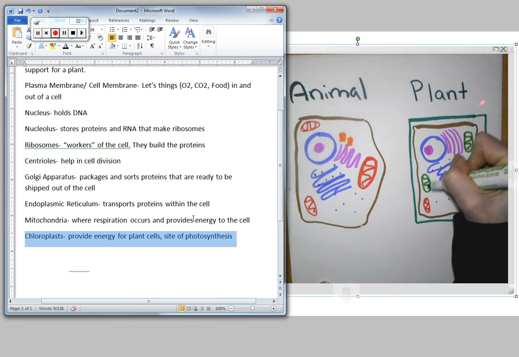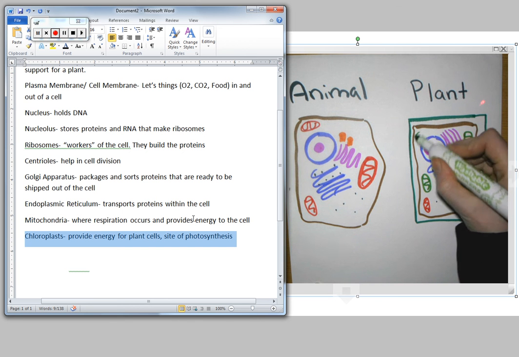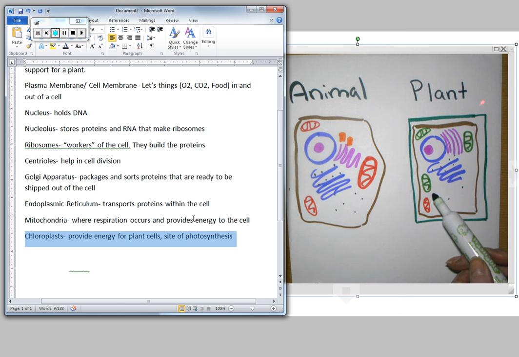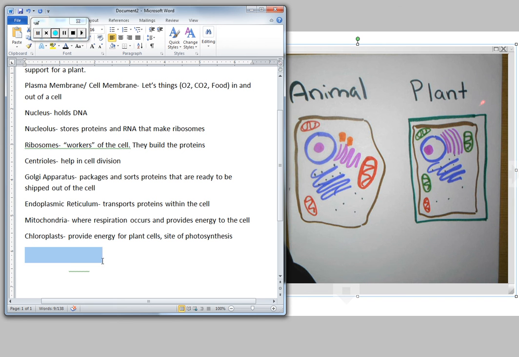So when we say that a plant takes in sunlight, it's the chloroplasts that are receiving that sunlight and the carbon dioxide that produce water and sugar. Oxygen and sugar.